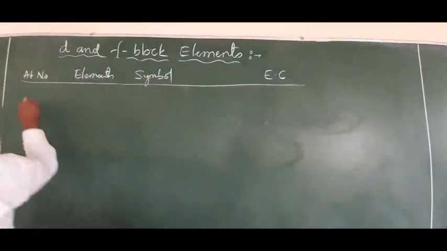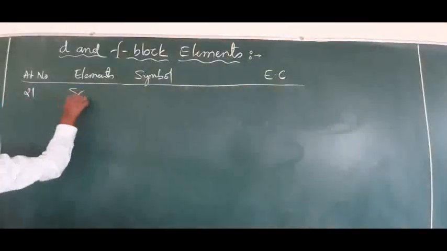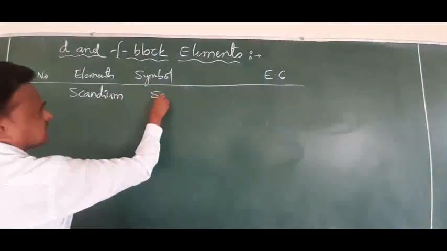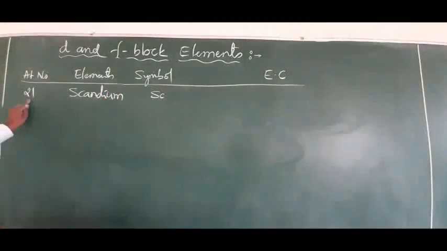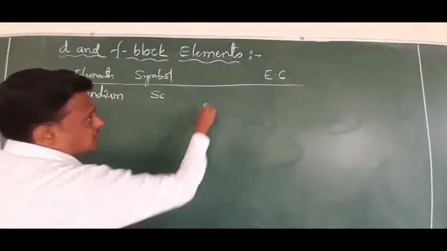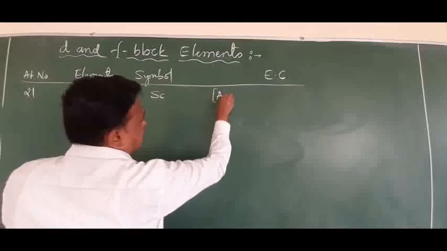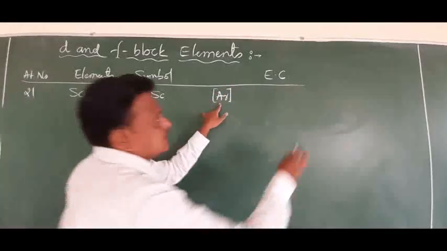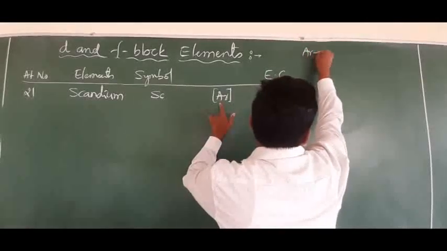Yes, atomic number is 21. Scandium, symbol is Sc. At 21 total electrons are 21. Yes, you can use argon. Argon is a noble gas with stable electronic configuration of 18 electrons. Yes, everybody, argon, 18.